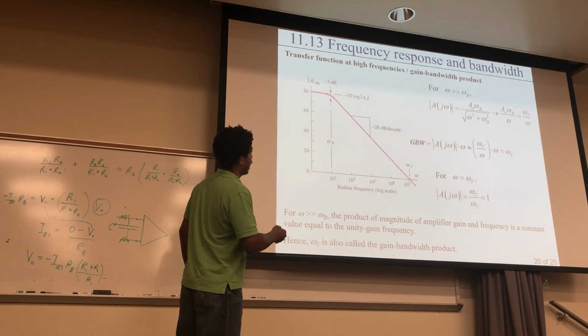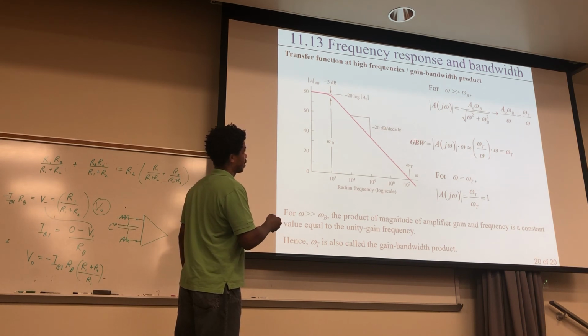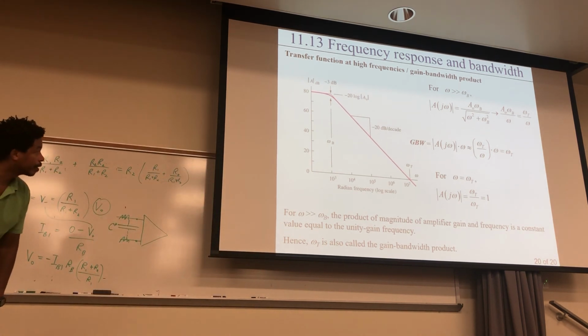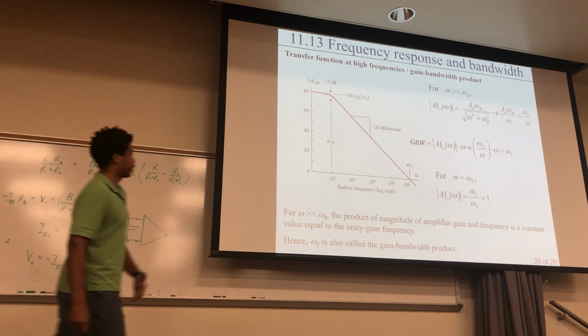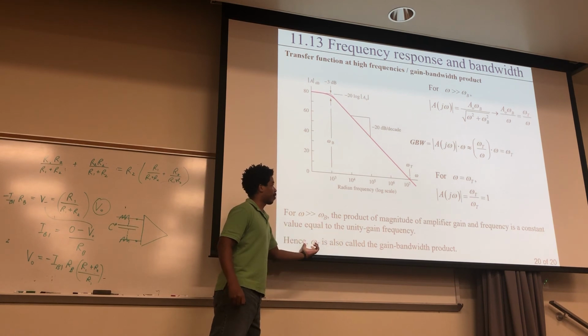The gain bandwidth product is going to be this times omega. So you're just taking this piece right here and multiplying it by omega, and it's just omega t. That's the GBW. And that's the reason why this omega t is also called the gain bandwidth product.